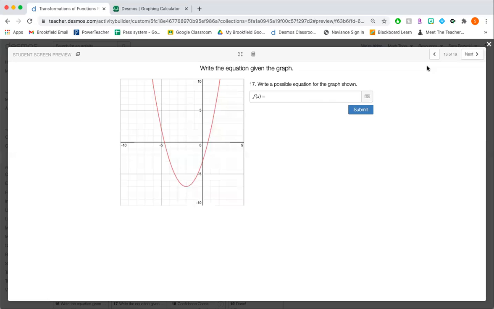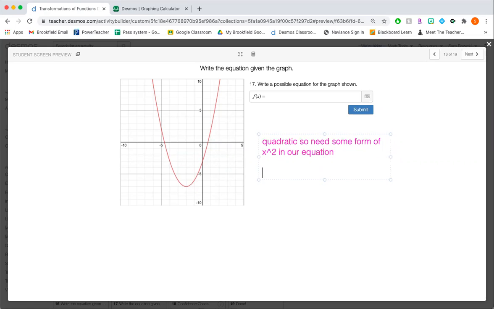So here it says write a possible equation for the graph shown. So we know this is going to be quadratic because it is a U shape. It is right side up, so let's make some notes here. So this is quadratic, so we need some form of x squared in our equation.